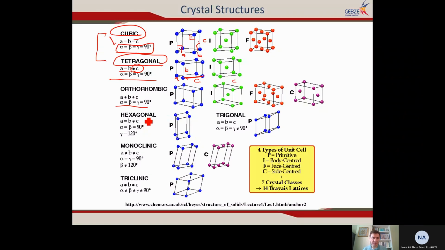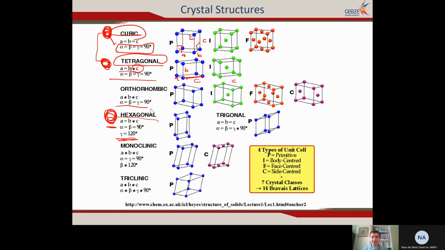And here again, alpha and beta are 90 degrees, but there's a gamma here, which is 120 degrees. I will talk about this. There's a trigonal, monoclinic, and triclinic. So this hexagonal, this tetragonal, and also the cubic structures are very common in materials. So at least you should remember the information related to these three crystal structures.